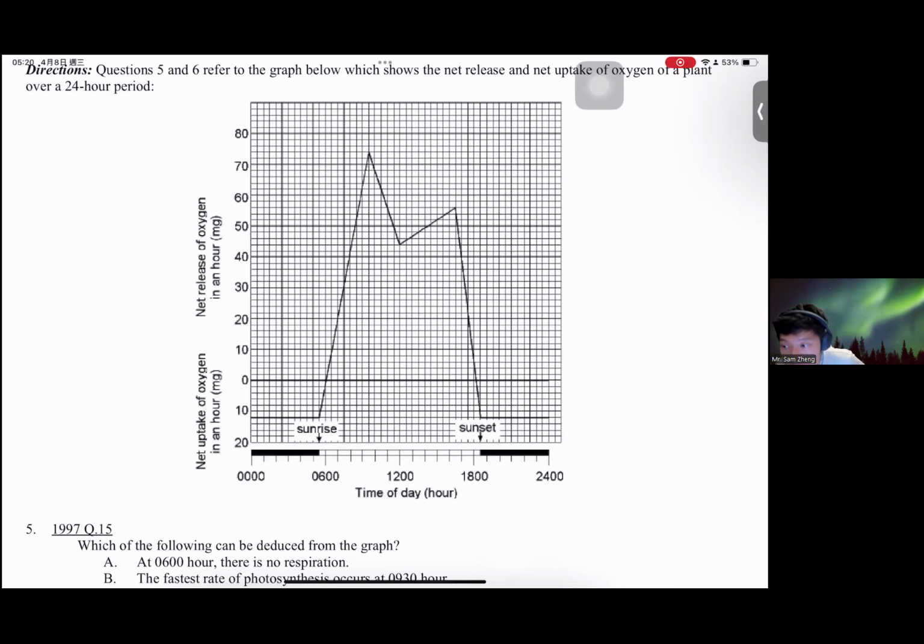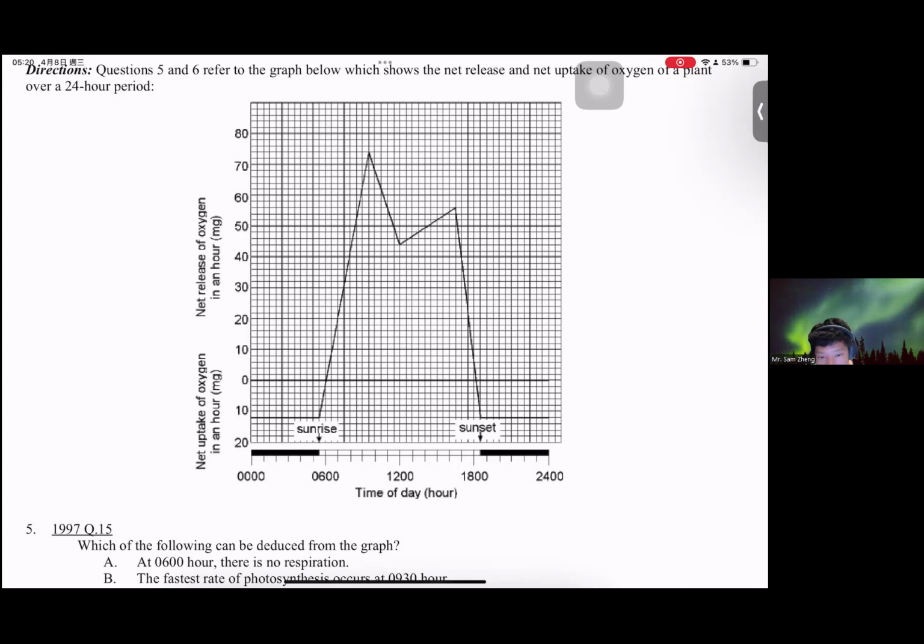I'm pretty sure that you have already completed it as you restart the video. We can see that the graph below shows a net release and net uptake of oxygen of a plant over a 24-hour period. This is how the graph looks, very weird, right?